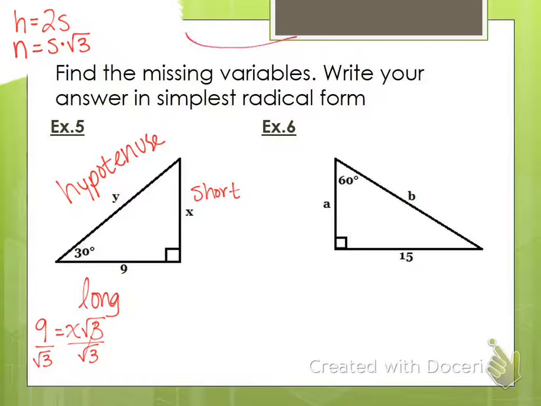I'll show that up at the top since I'm running out of space down below. If I'm rationalizing 9 divided by the square root of 3, I multiply top and bottom by root 3. I end up with 9 root 3 divided by 3, which simplifies to be 3 root 3. So that is what I get for x, or the short side.